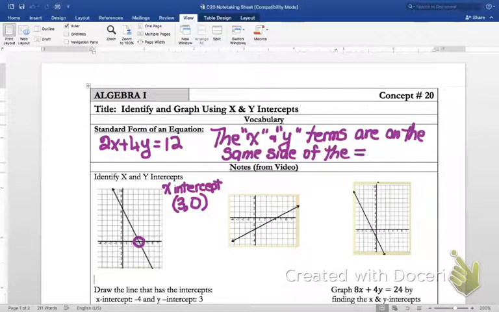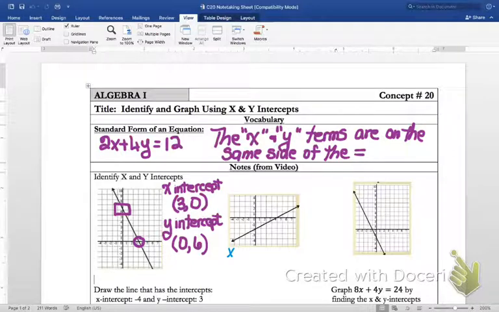So my x-intercept here would be 3, 0. Now, the y-intercept is at the point where the graph crosses the y-axis. And I've put a little box around that, and as you can see, that is at the point 0, 6. So 0, 6 is my y-intercept.